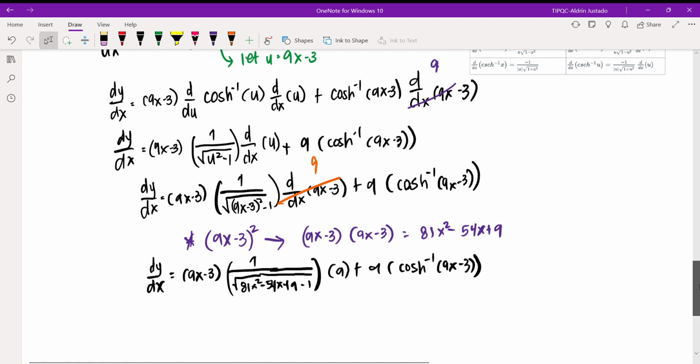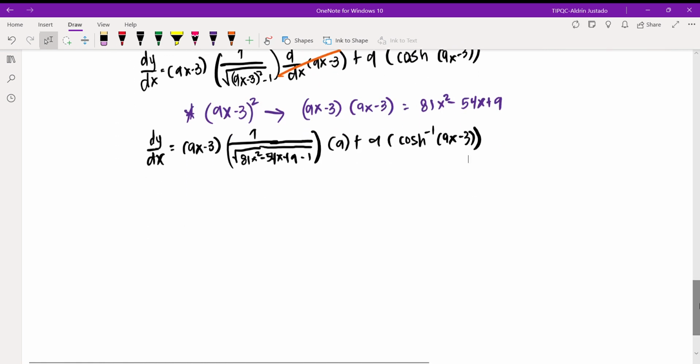So, diba? Sobrang haba. Let's simplify para mas makita natin.